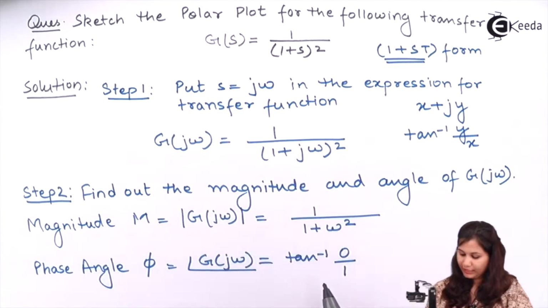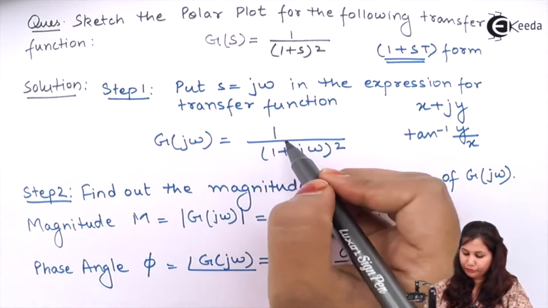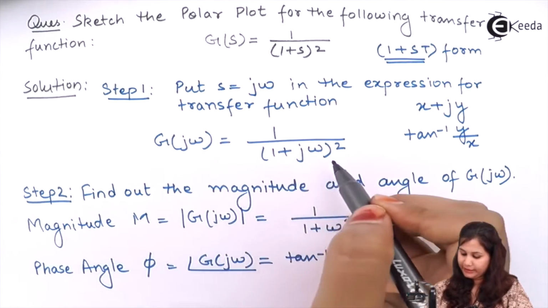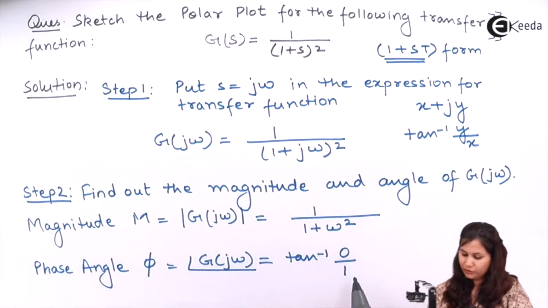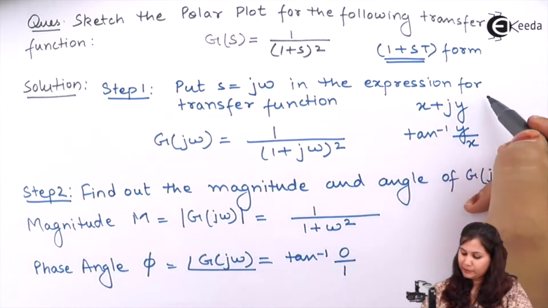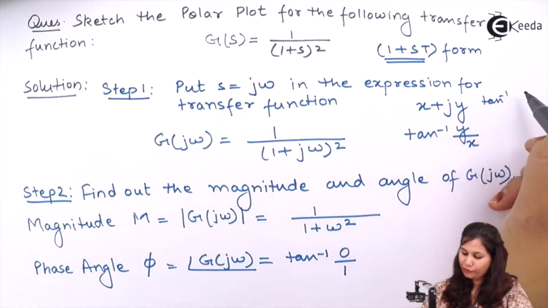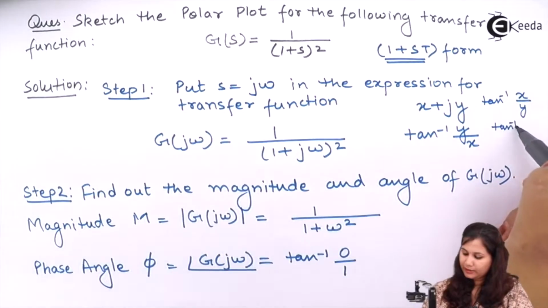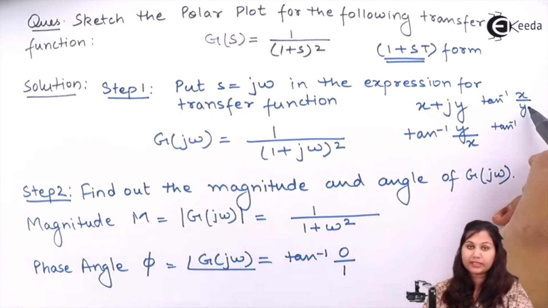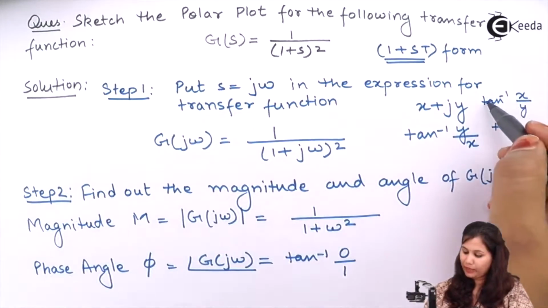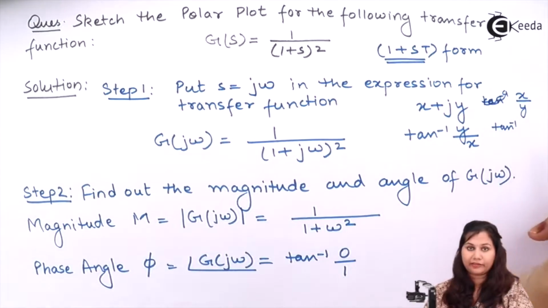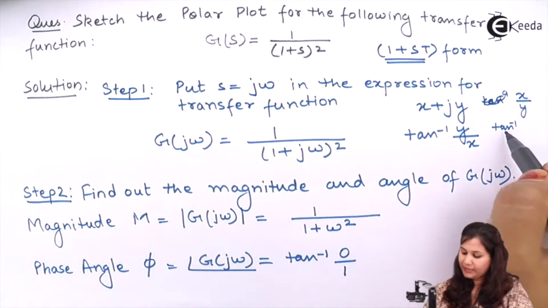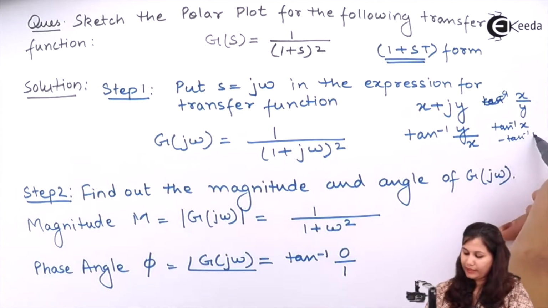So when we are calculating the phase angle for the numerator and denominator, if the number is given to us as x by y and we want to find the phase angle, then it will be tan inverse of x minus tan inverse of y.